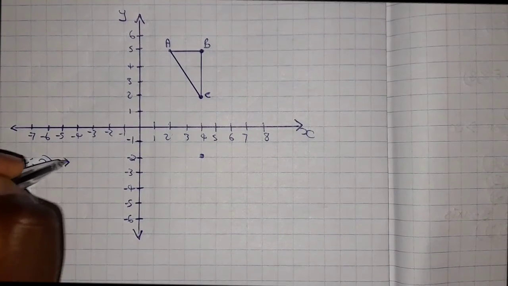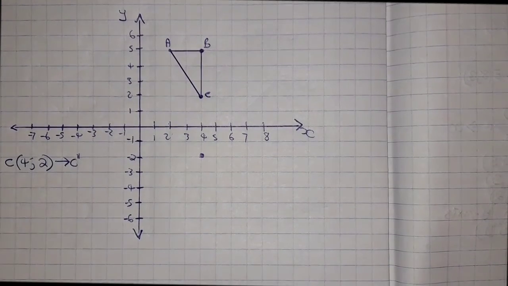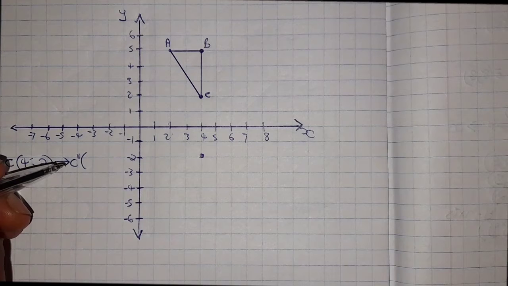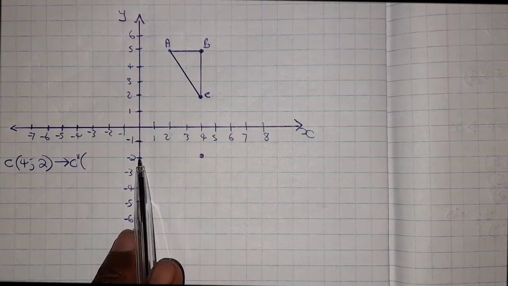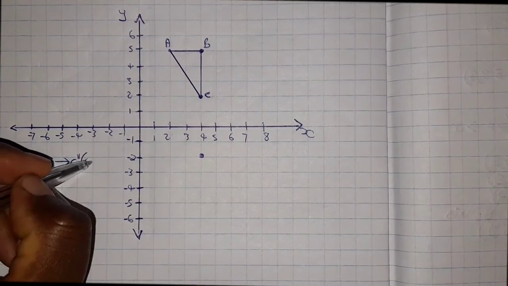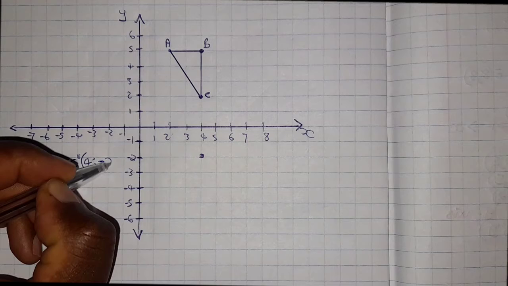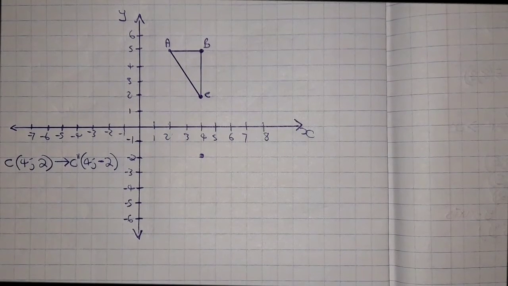And C has been mapped onto the second image. Remember, the first image was in reflection in the y-axis. The second image is now (4, -2), right?